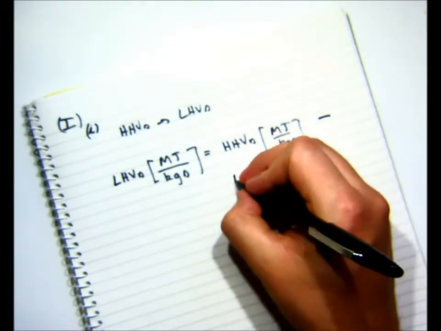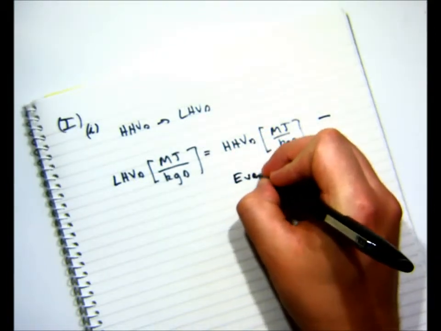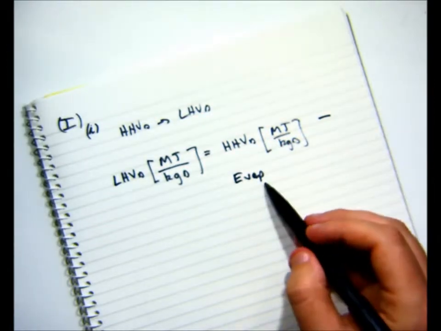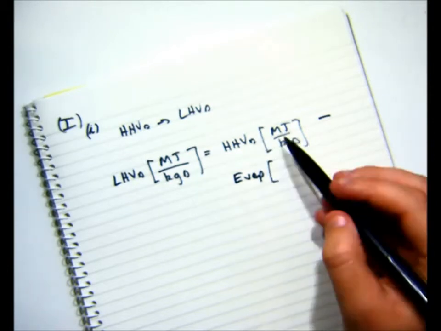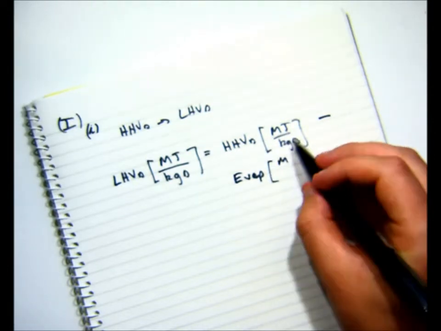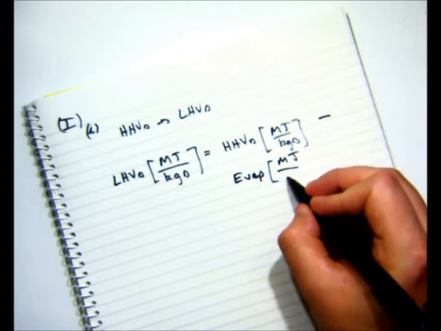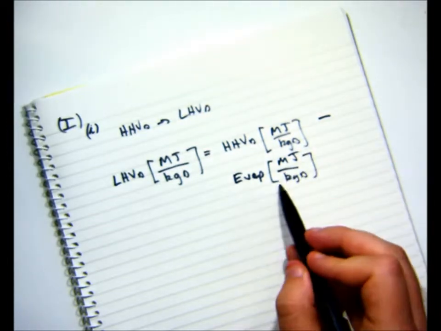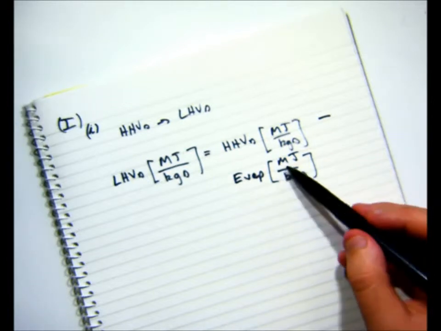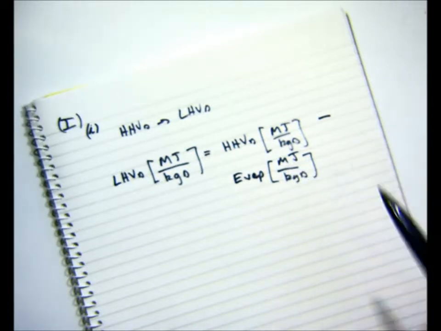So let's call this E subscript VAP for energy of vaporization. And the units of this have to be the same as the other two terms if you want to be able to add and subtract them. Some sort of energy of vaporization, which is a certain number of megajoules for every kilogram of the dry mass.